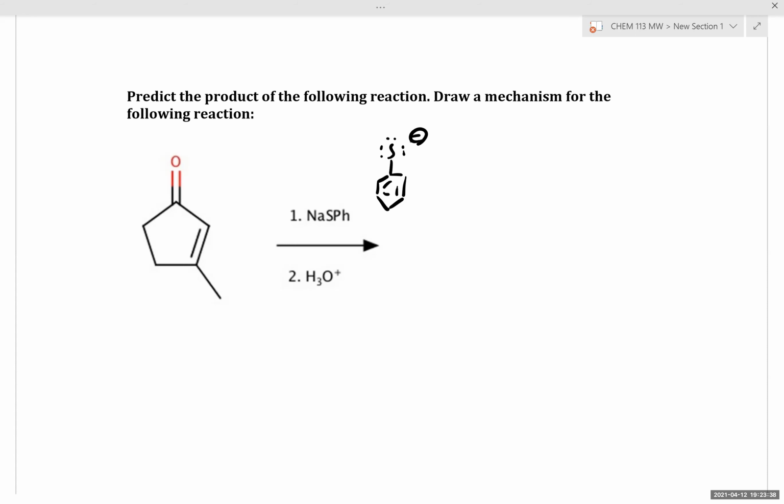Would anyone like to share their proposed mechanism, or is there a question that I can address as you're working through this mechanism?